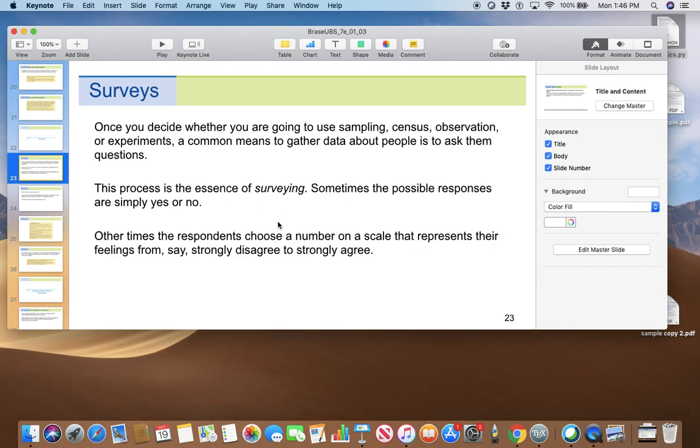For example, teaching evaluation is a survey almost every student participates in. Other times, the respondents choose a number on a scale that represents their feelings from, say, strongly disagree to strongly agree. So, in a survey, you might also go through this scale.